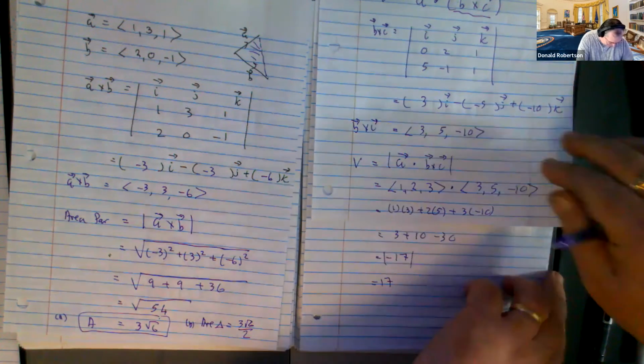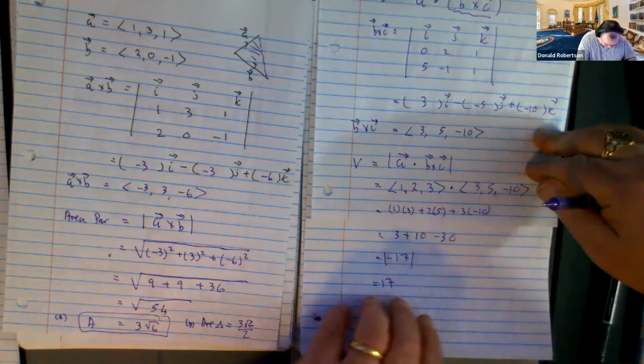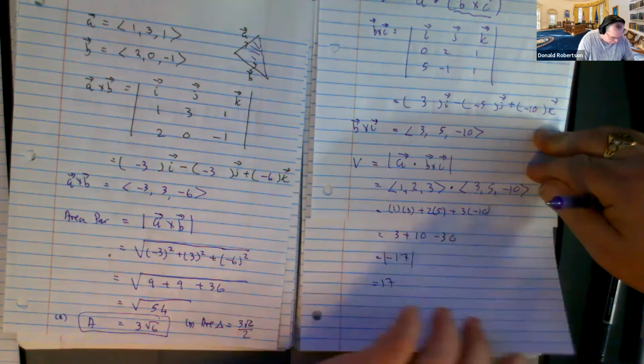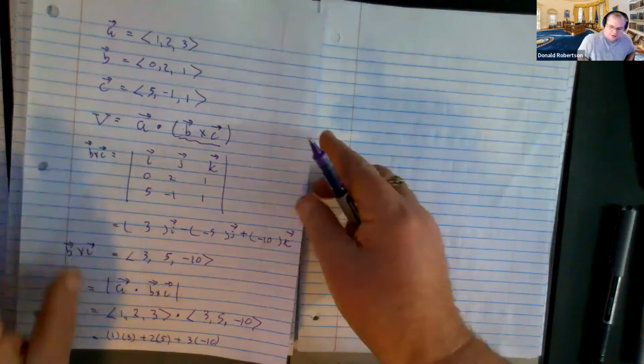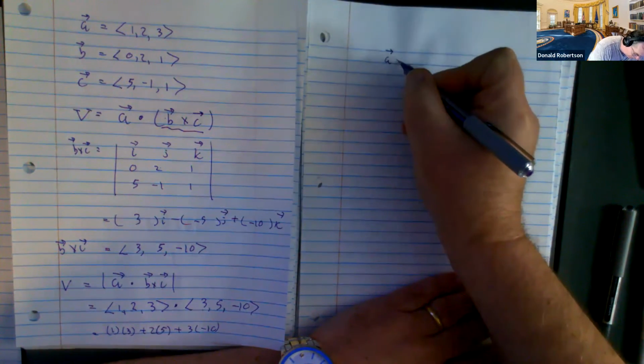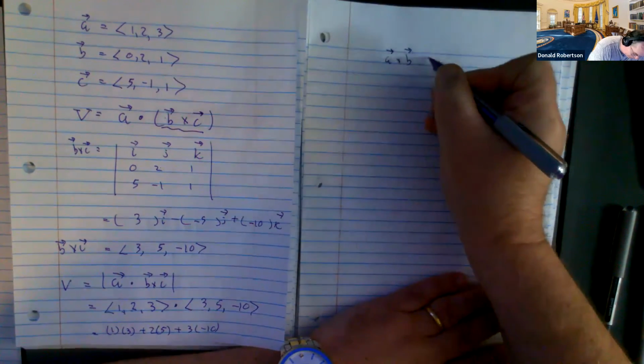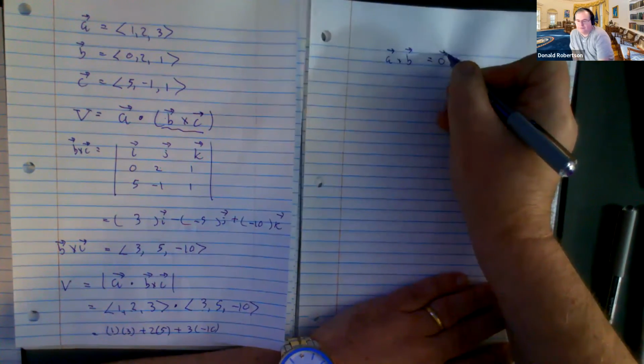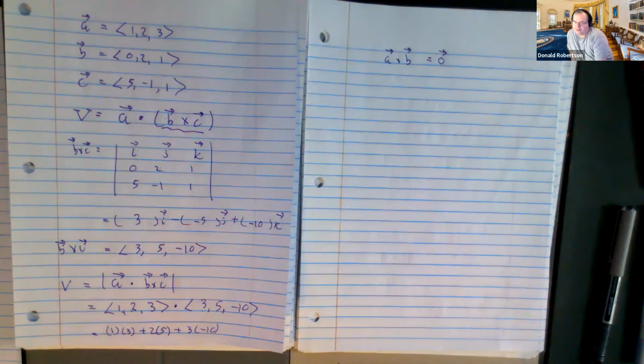So let's give you some puzzles and see if you can tell me geometrically, what does that mean, or how would this happen? The cross product A and B is 0.